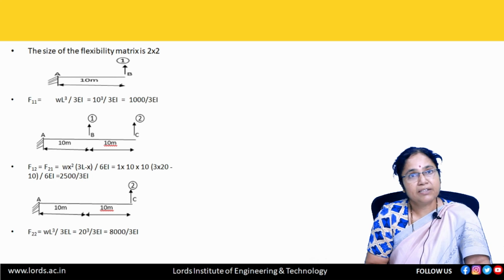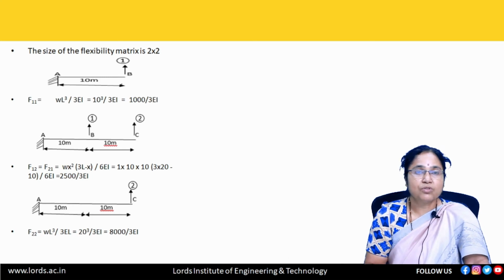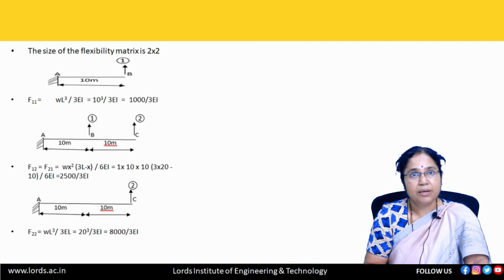Next parameters are F12 and F21. This flexibility matrix is a symmetric matrix, so F12 and F21 parameters will be the same. The displacement at any point on a cantilever beam is given by the formula Wx square into 3L minus x by 6EI. So substituting all the parameters, we get F12 equal to F21 equal to 2500 by 3EI.